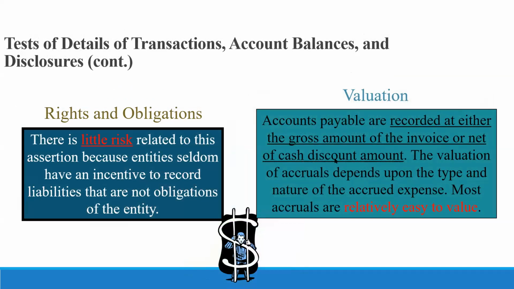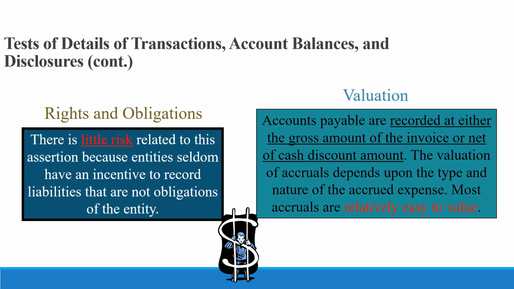Rights and obligations. In the purchase cycle, we usually don't think too much about the rights and obligations issue. So this assertion usually wouldn't be the assertion at risk. Valuation. Because for the purchase, the amount has been determined and fixed there.